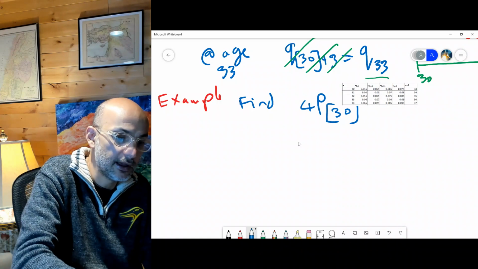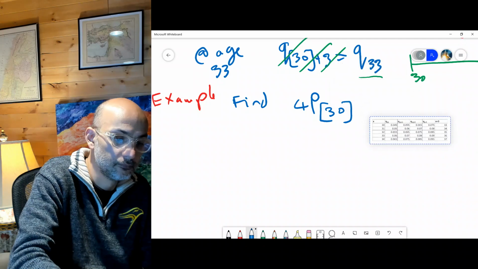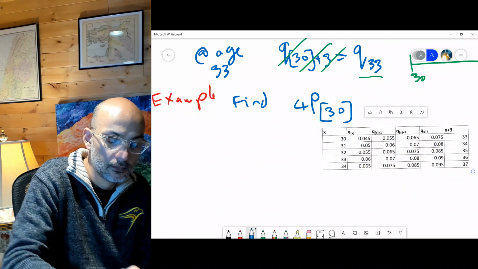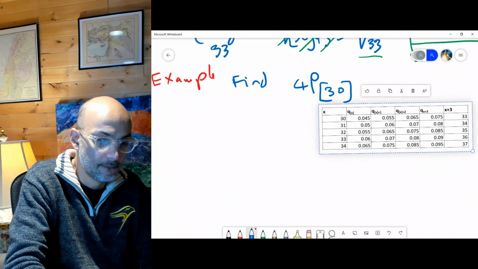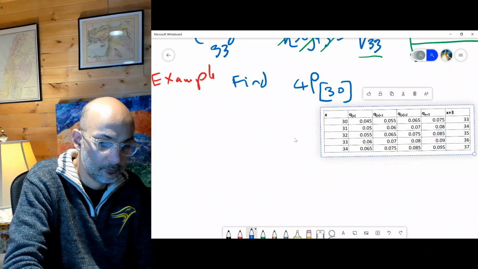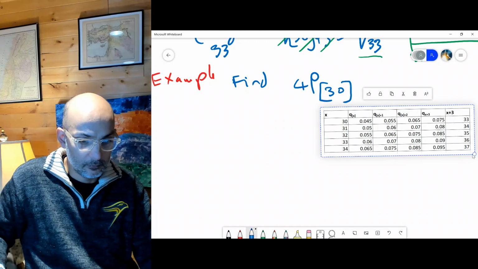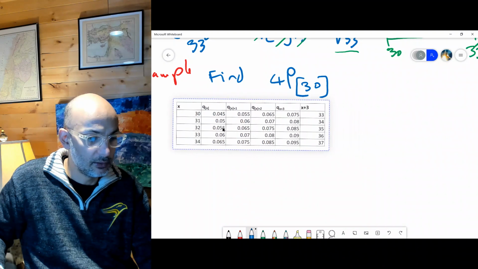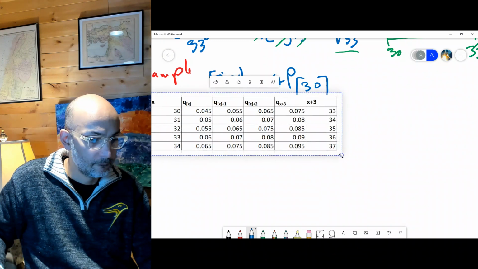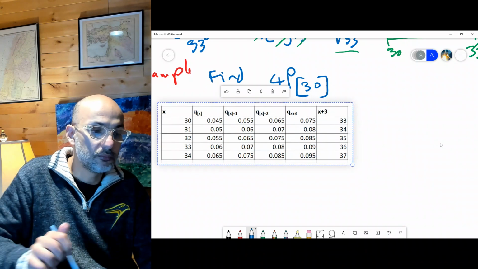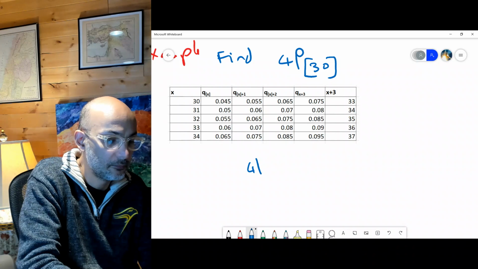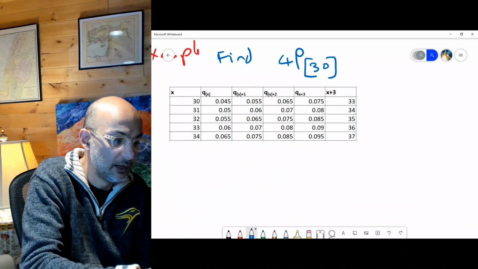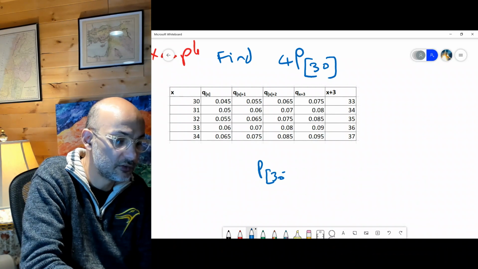So the question is to find P30, select. An individual at age 30 was issued insurance.